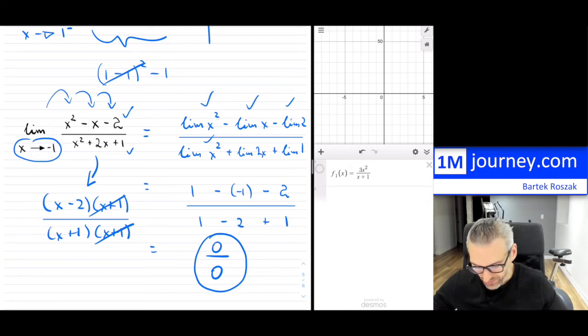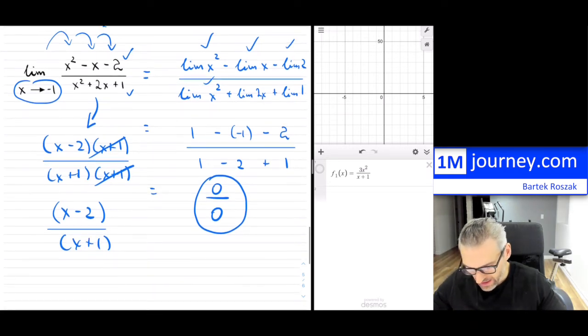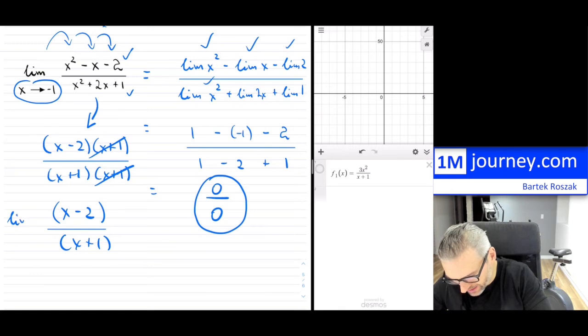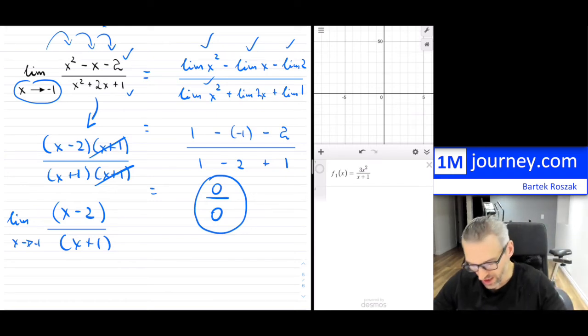Once I see that, now I have x minus 2 on top and an x plus 1 at the bottom, and now I try to take the limit as x approaches -1. So I basically cancel those off.